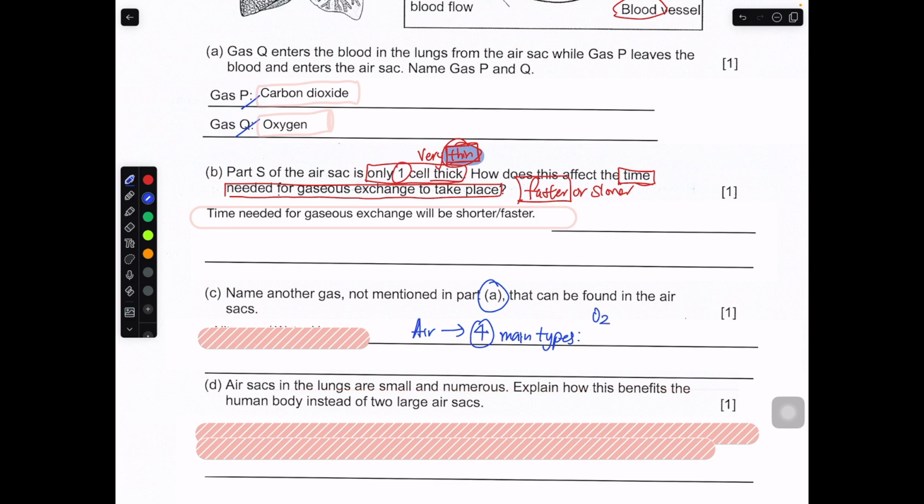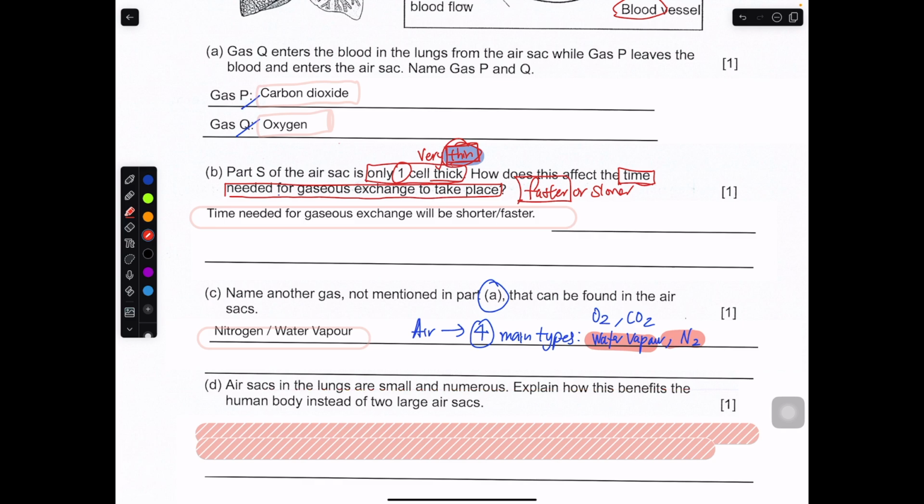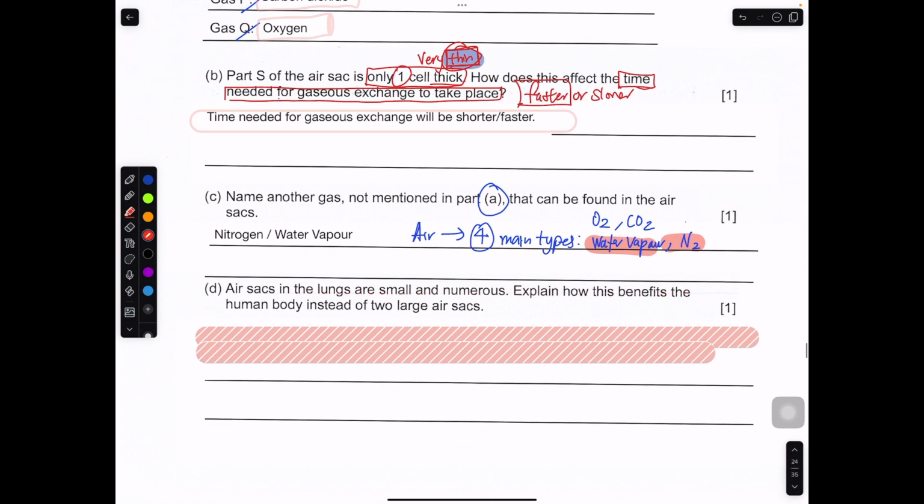So there will be the oxygen, the carbon dioxide, the water vapor, as well as your nitrogen. So as long as you say water vapor or nitrogen, I think it's good enough. So this will be the key part. Just one of that will be good enough.